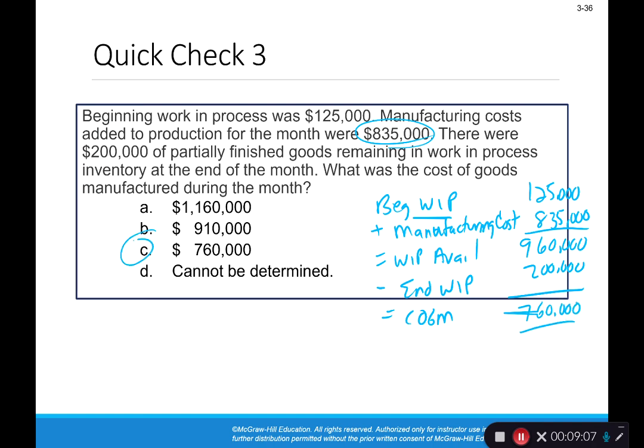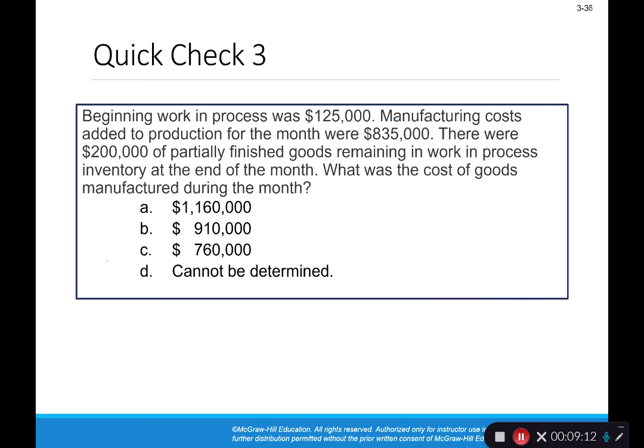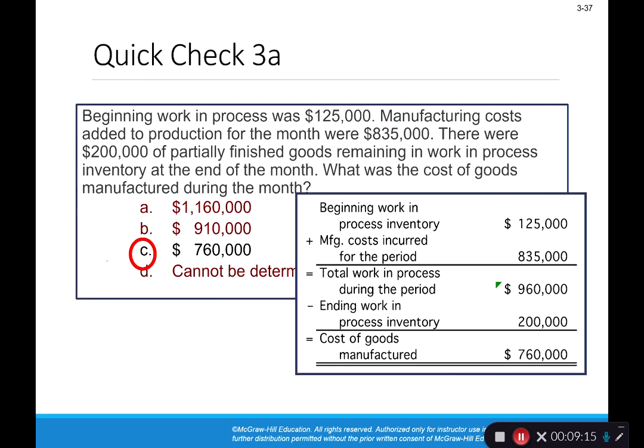So the answer should be C. Is that right? C. It is. Yes, it is. And you can see the answer typed out and all pretty for you, but it's done in the exact same way we did it together.